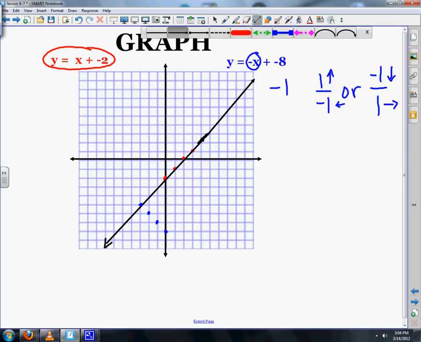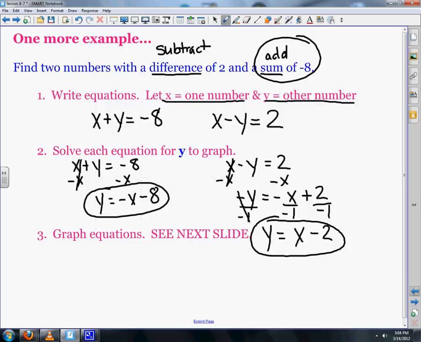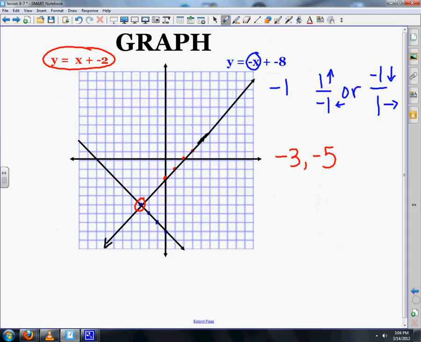So we connect these together, and we can already see our point of intersection, which is going to be right here at this point, and that point is -3, -5. So let's look back here and see what they said. We want to find two numbers with a difference of 2 and a sum of -8.